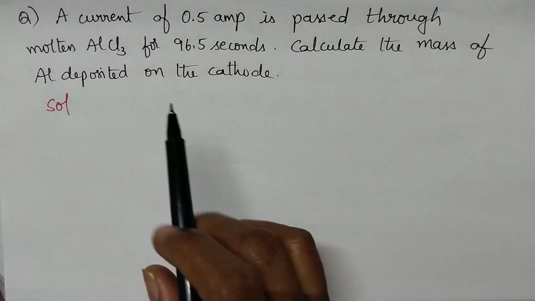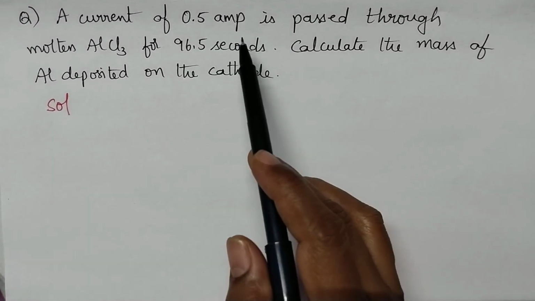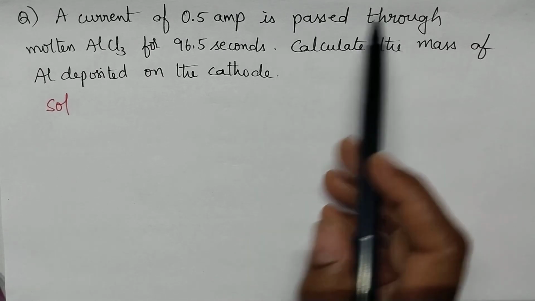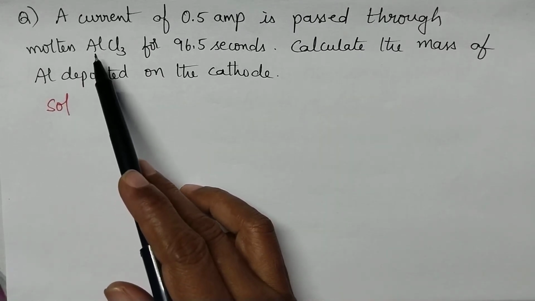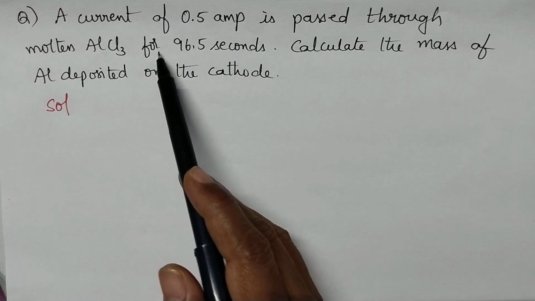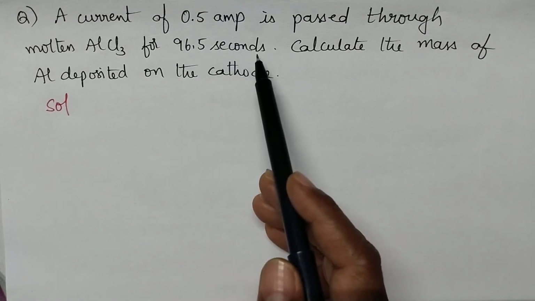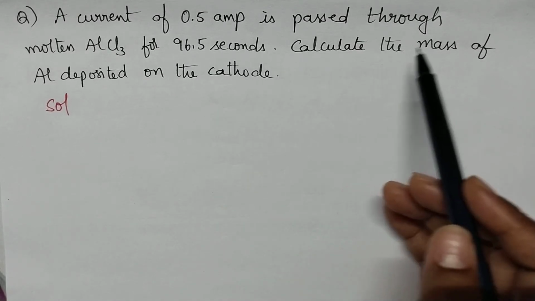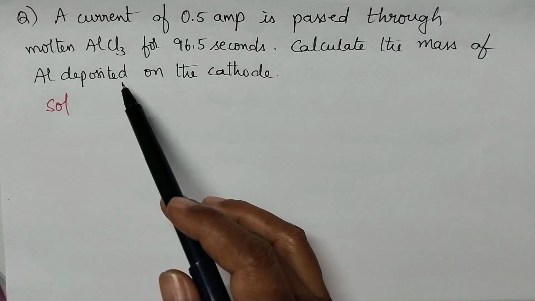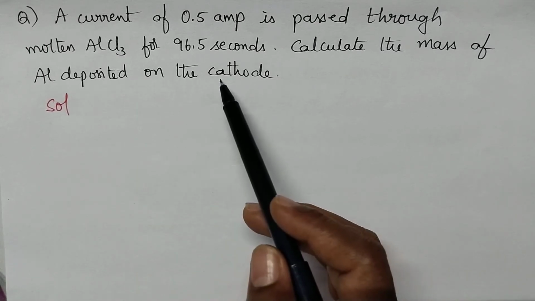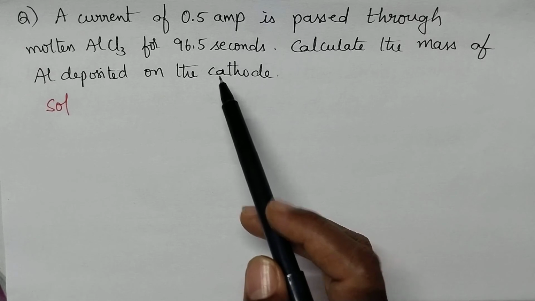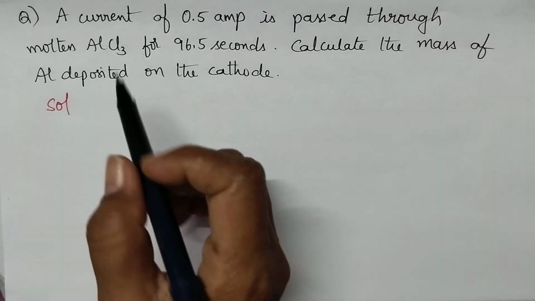A current of 0.5 amperes is passed through molten aluminum chloride for 96.5 seconds. Calculate the mass of aluminum deposited on the cathode. Is it clear, students? Let us write the terms.